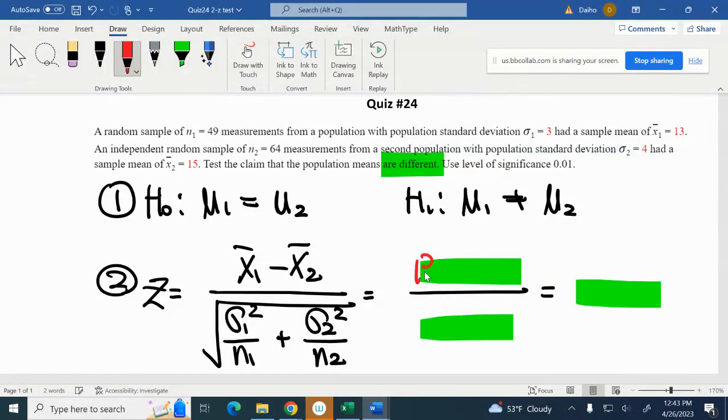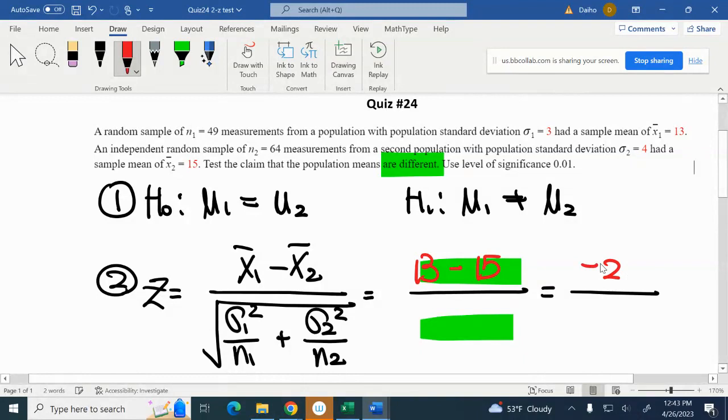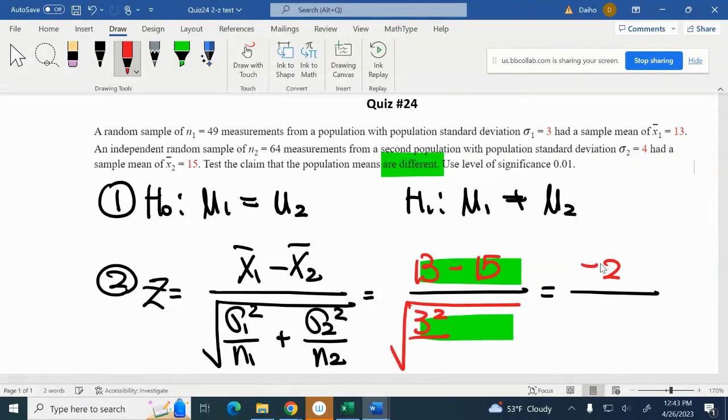Okay. 13 minus 15, then it must be -2. Then 3 square over 49 and 4 square over 64.